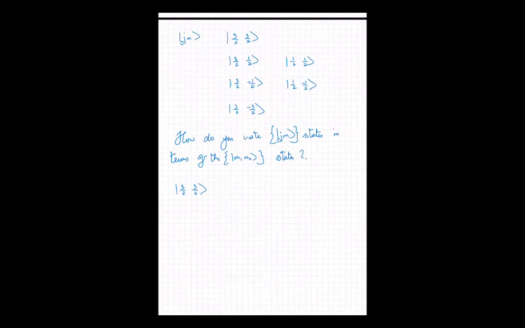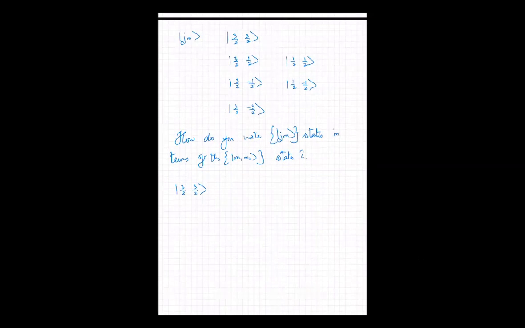There is only one vector, and this is in general true for any addition, not just for 1/2. The topmost state with the highest value of m in the jm basis can only be written as one unique state in the m1, m2 basis with the highest possible values of m1 and m2.